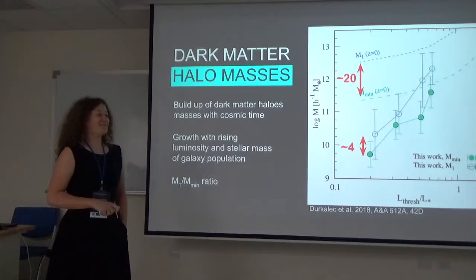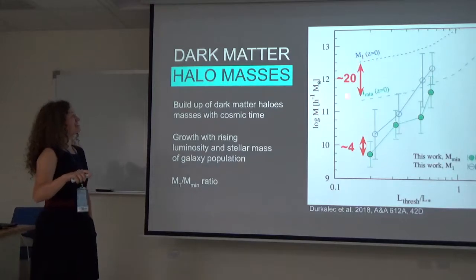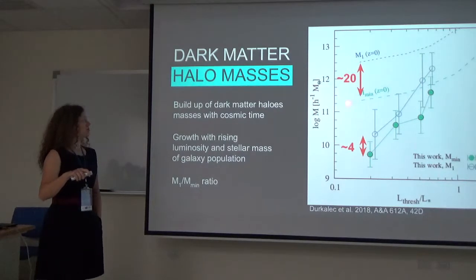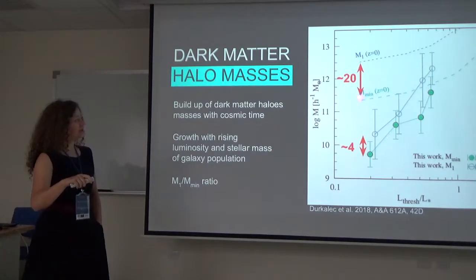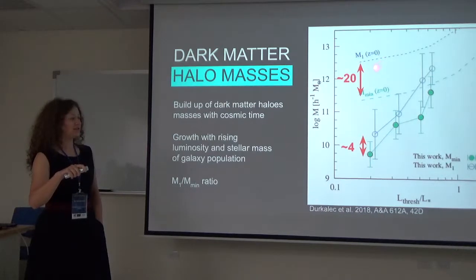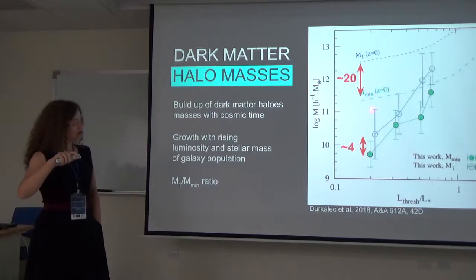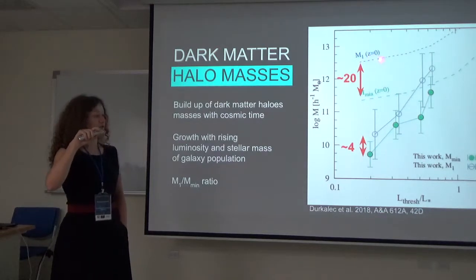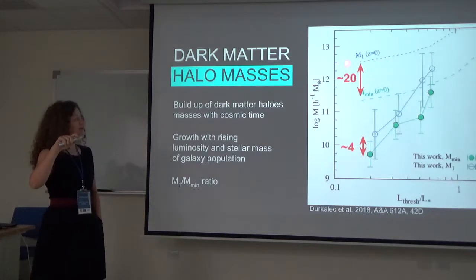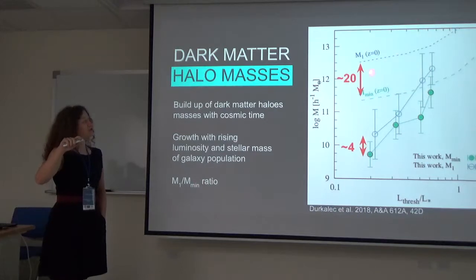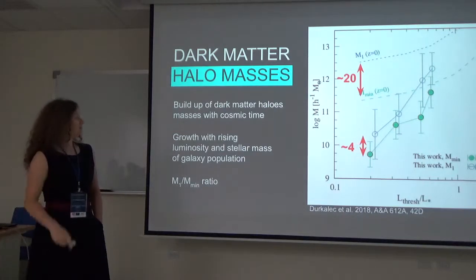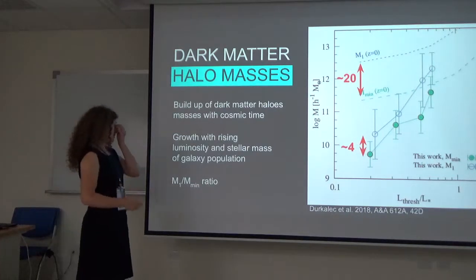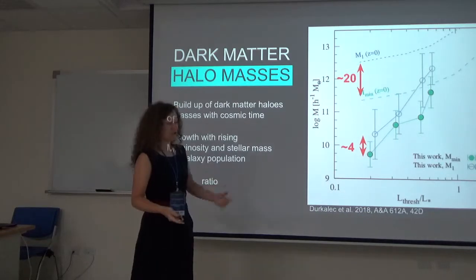Third thing from the same plot. You can see here the ratio between the minimum halo mass for which a halo has one central galaxy, and the halo mass for which it has a central galaxy and a satellite galaxy. Here this ratio is around 20. Here this ratio is around 4, which is smaller.